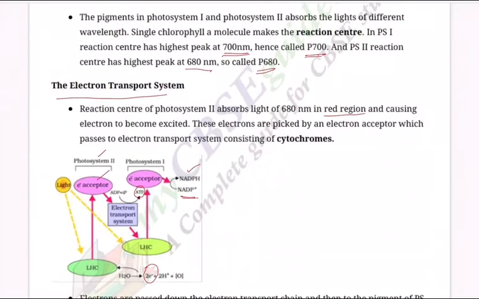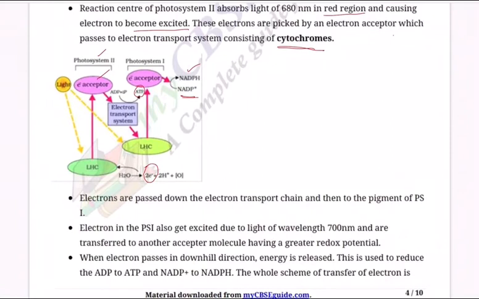So reaction center of photosystem 2 absorbs light of 680 nanometers in red region and causes electrons to become excited. These electrons are picked up by an electron acceptor which passes them to electron transport system consisting of cytochromes. So basically cytochromes will play a huge role. Electrons are passed down the electron transport chain and then to pigment of PS1, as you are seeing. So they are entering into PS1.